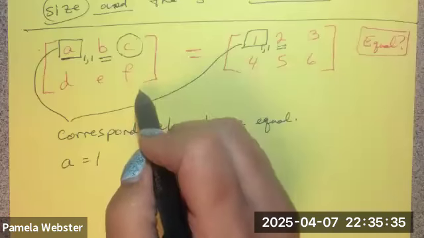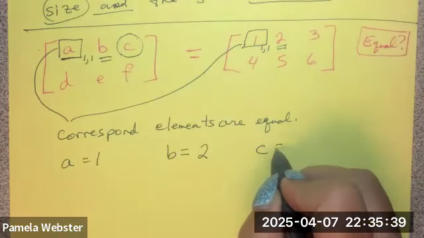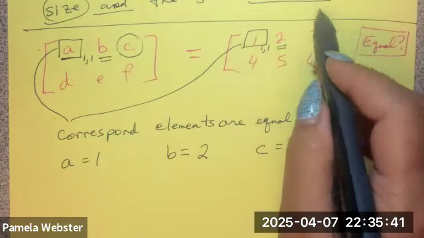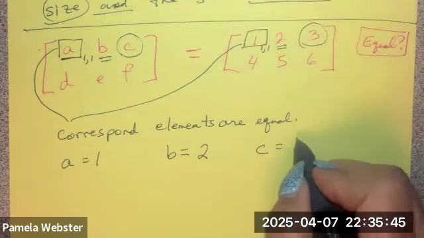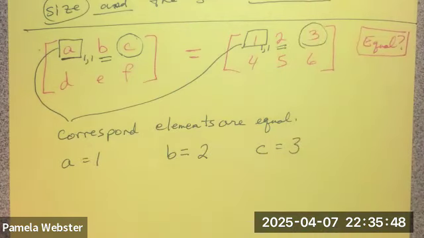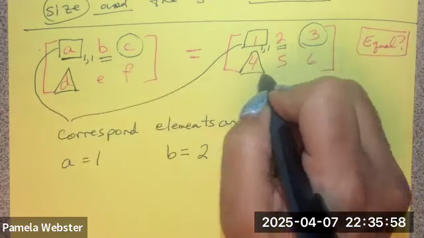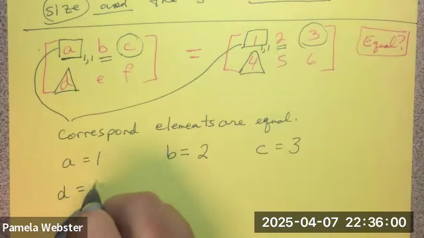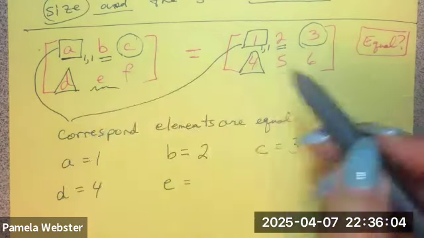First row, third column, right? He's in the 1, 3 position. So C equals what? First row, third column. That's this guy. I'm going to circle him also. Absolutely. If they're in the same corresponding positions, then sure enough, I can set them equal. So I think that D equals 4. I think that E equals what? I'm going to squiggly line it.